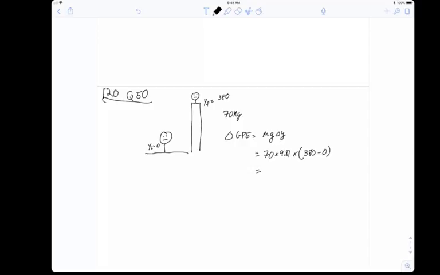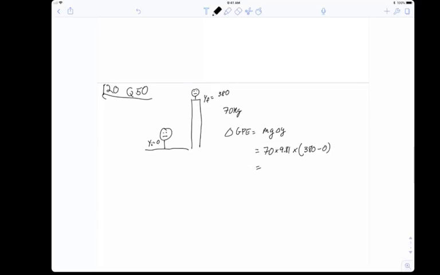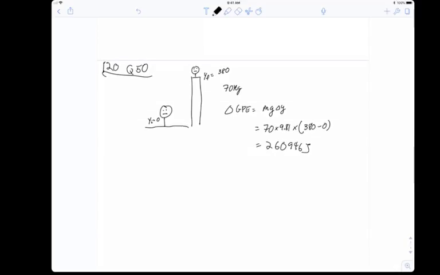Oh man, I can't imagine listening to me sniffle on the microphone. Really? The answer I get is 260,946 joules. 380 times 70 times 9.81. Yep. That's a lot of gravitational potential energy. Takes a lot of effort to get to the top of the Empire State Building.